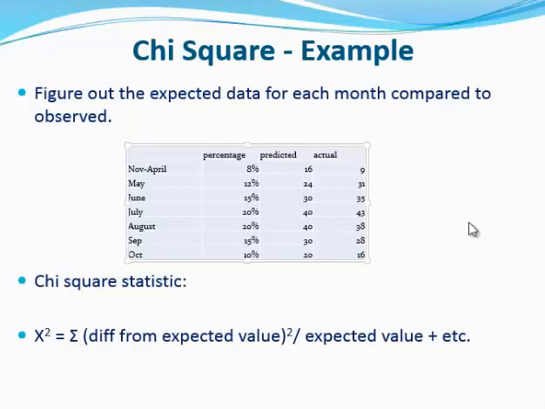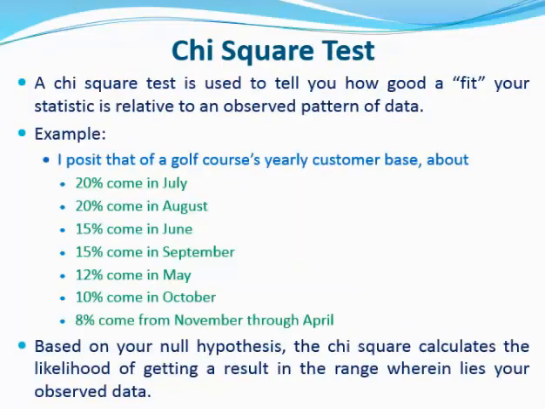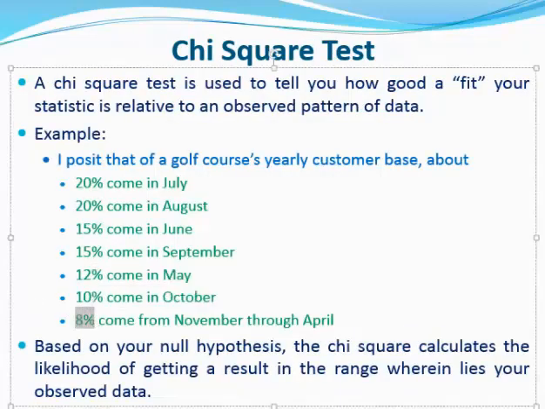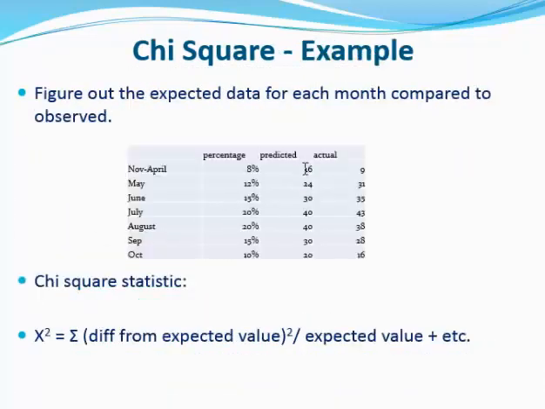Let's take a look at this middle chart, which really just synopsizes what we just saw in the previous two slides. For November through April, our original prediction was 8%, if you recall. And how many did we actually get? We actually got 9.